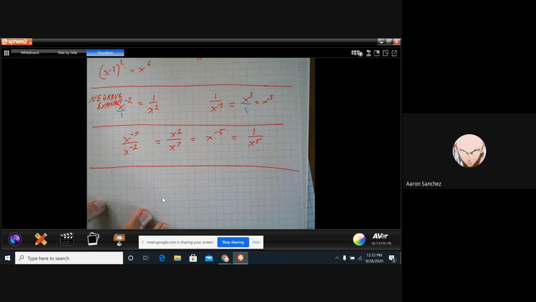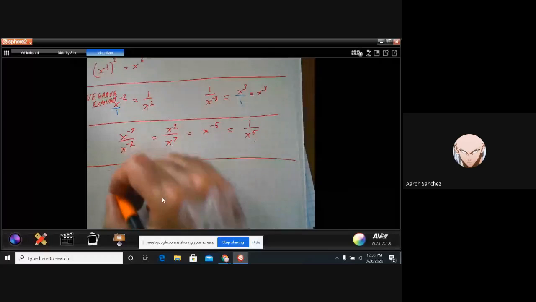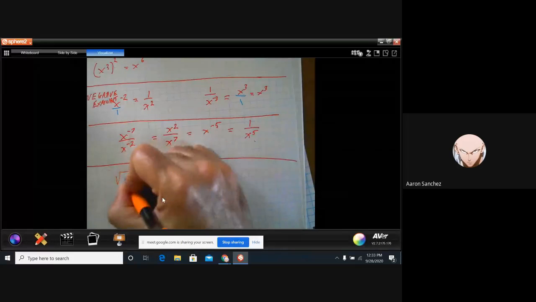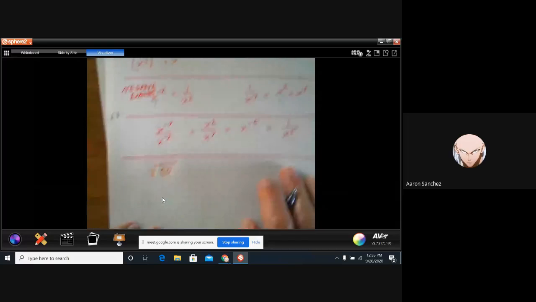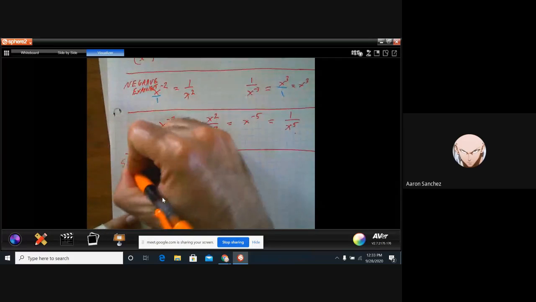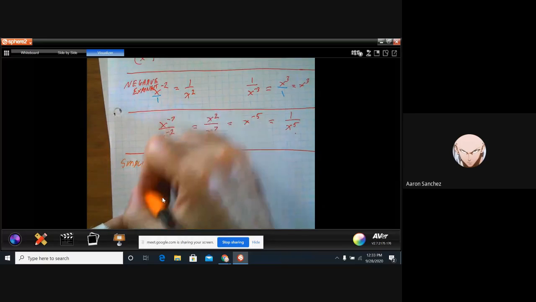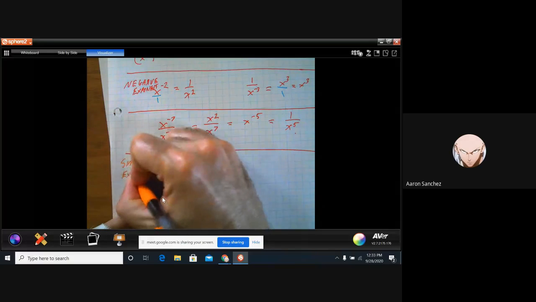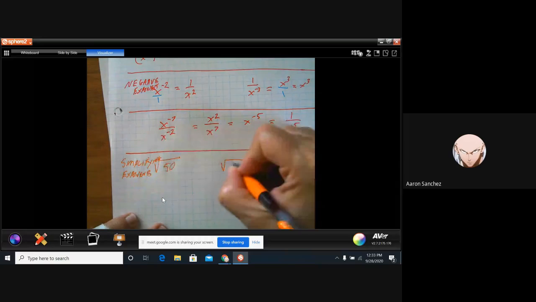Here's an important concept. If I wanted to find the square root of 50, this is simplifying exponents, I'll run out of room, so right over here. So I'll get the square root of 50.